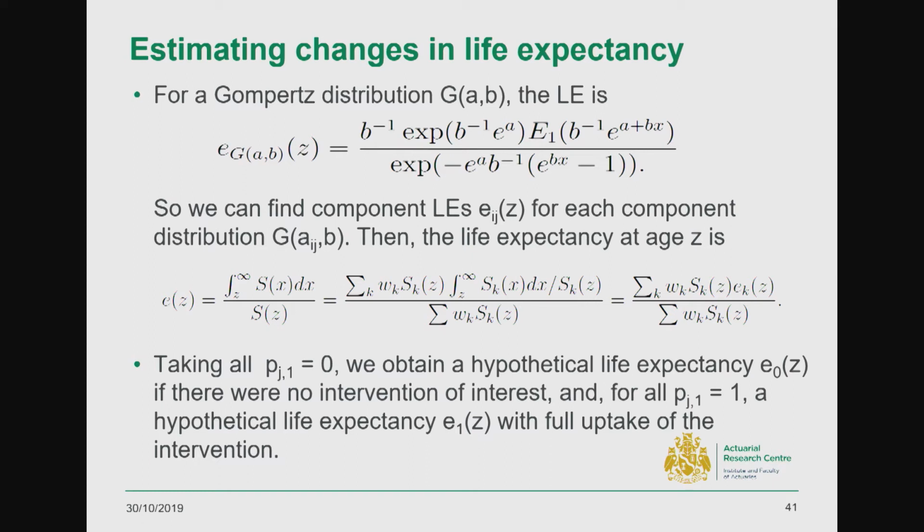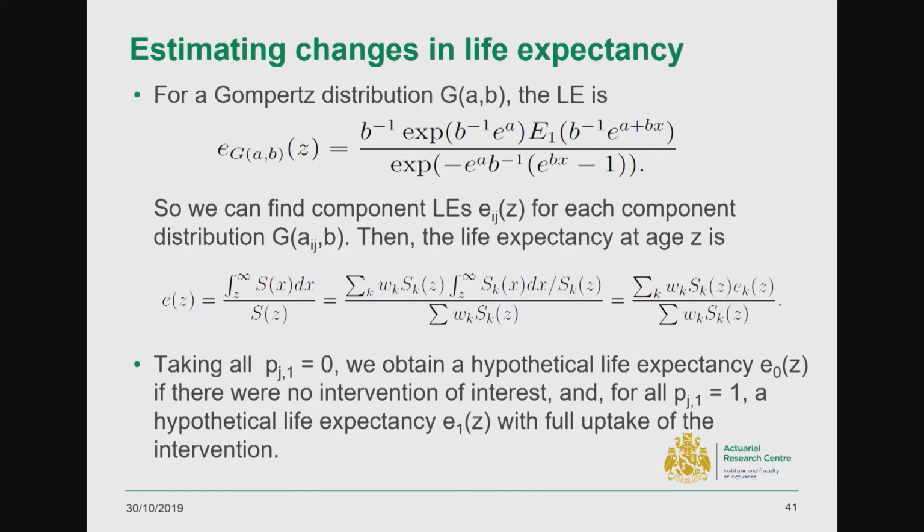subgroups. And this middle equation just says that we are going to look at period life expectancy for a particular group as the weighted life expectancies from individual groups. For instance, if I take all p-values equal 0, which means I don't have any treatment, we would obtain a hypothetical life expectancy for people who are not on treatment.